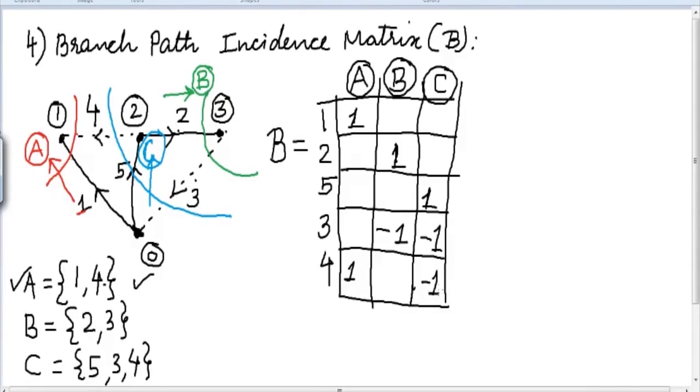Is that clear to everyone? How we have taken this 4 as negative? Because this 4 has started its journey from 2. From 2 it will go to 1. Again from 1 it will go to 0 because it cannot go back to 2, right?